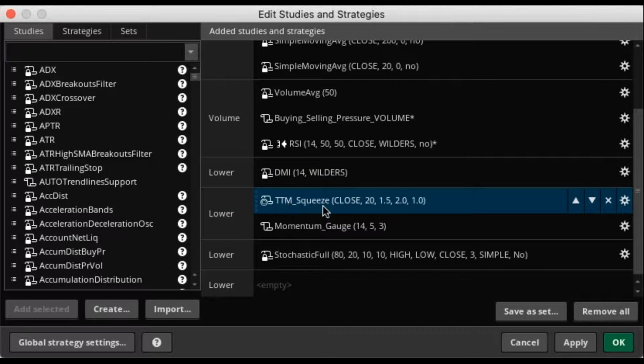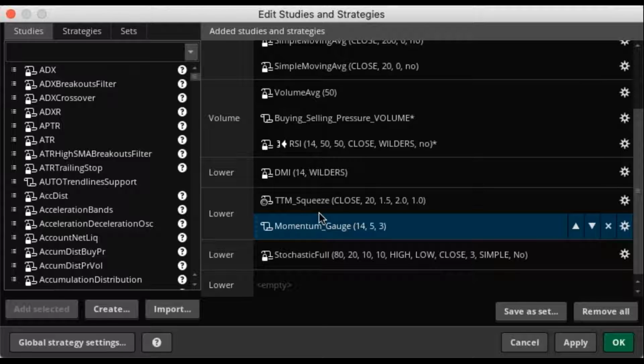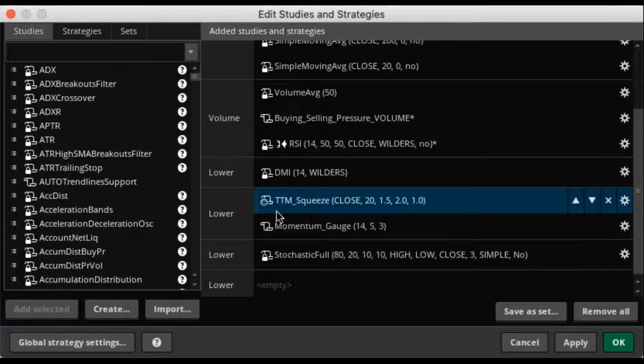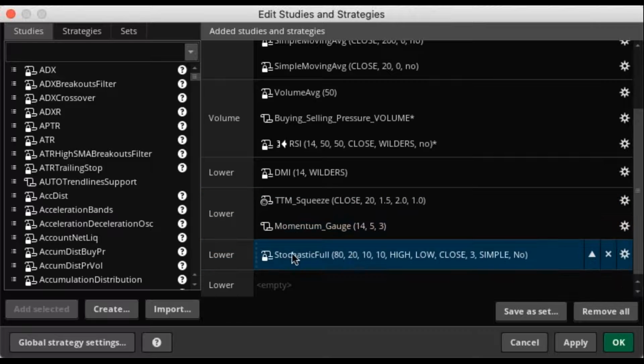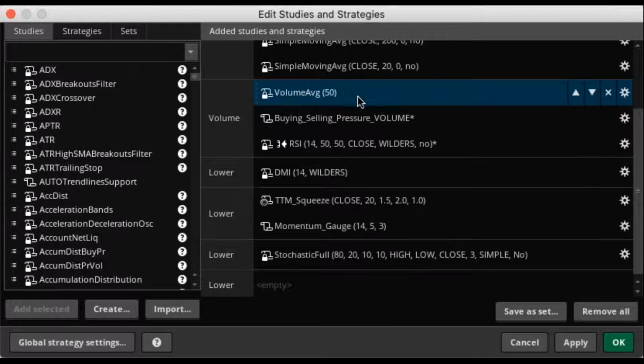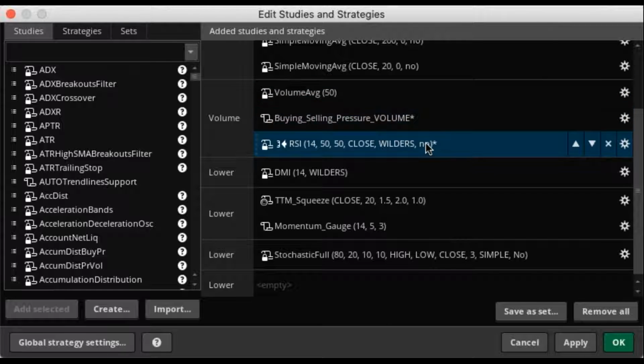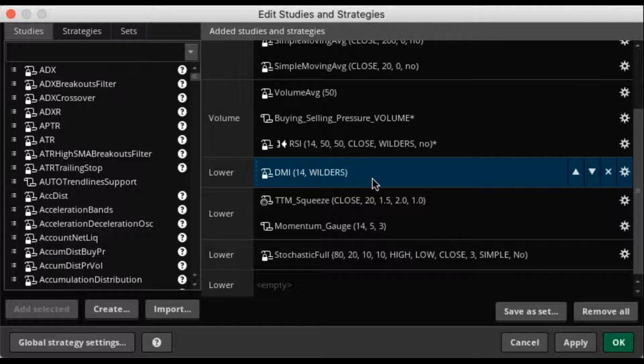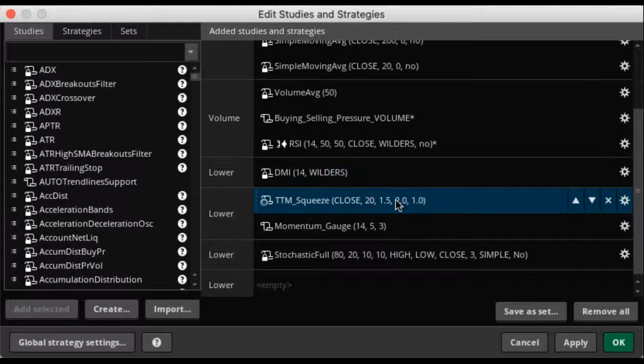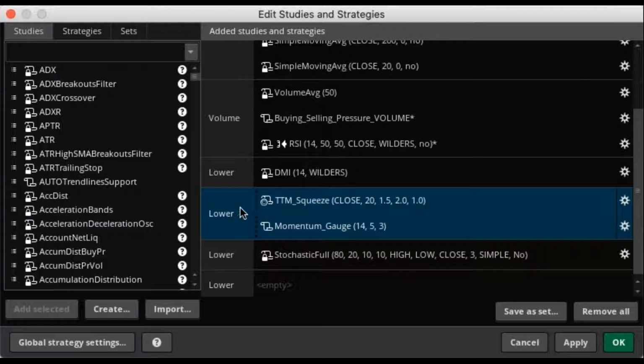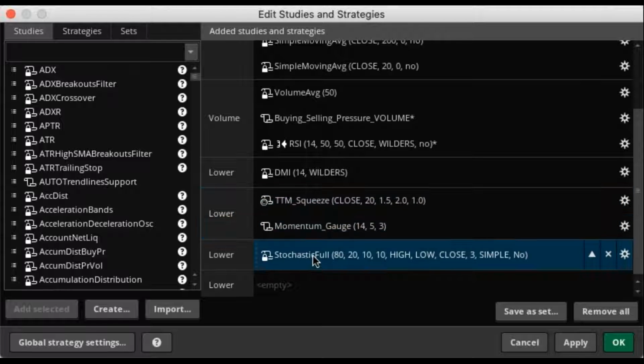And then I'm going to put my TTM squeeze and my momentum gauge in the same column, on the second column, and then my stochastics is going to be last. So my volume average, my buying selling pressure, and my RSI are all going to be in the volume. And then my DMI is going to be by itself. My TTM squeeze and my momentum gauge are going to be in a column itself, and then my stochastics are going to be on their own.